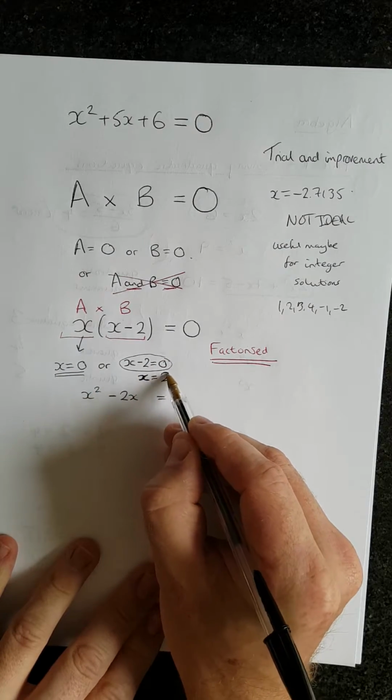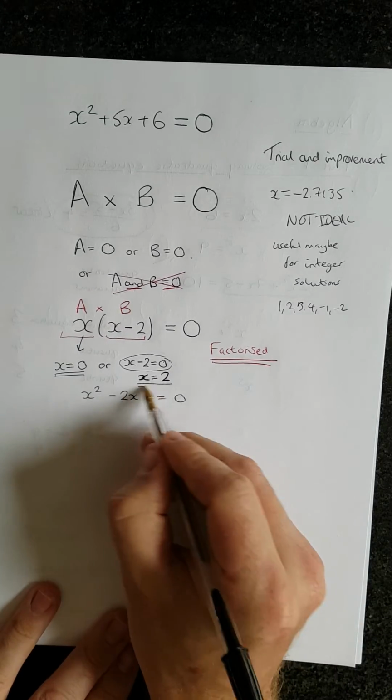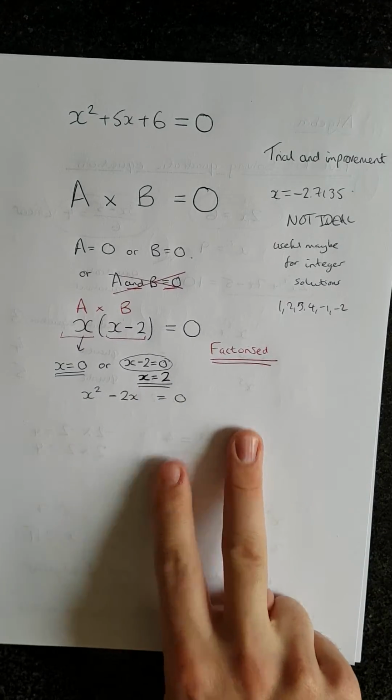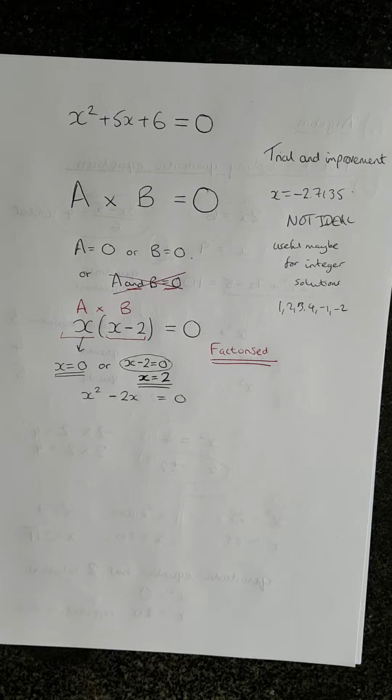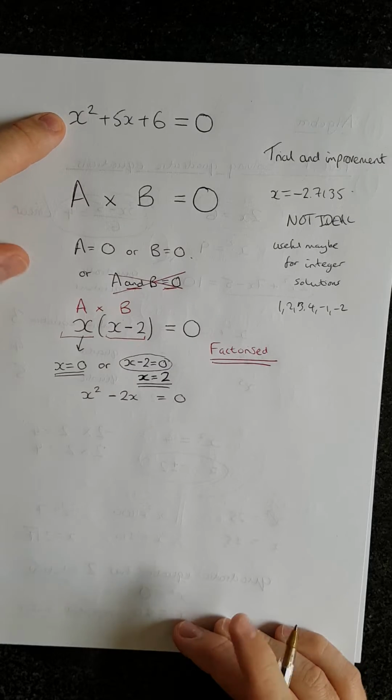That's right, 2. So there we have two solutions. Two things multiplied together equal to 0 allows me to identify two solutions. So let's just check for this one up here.